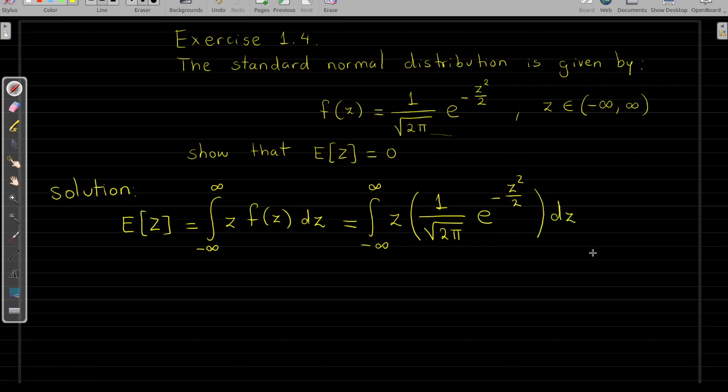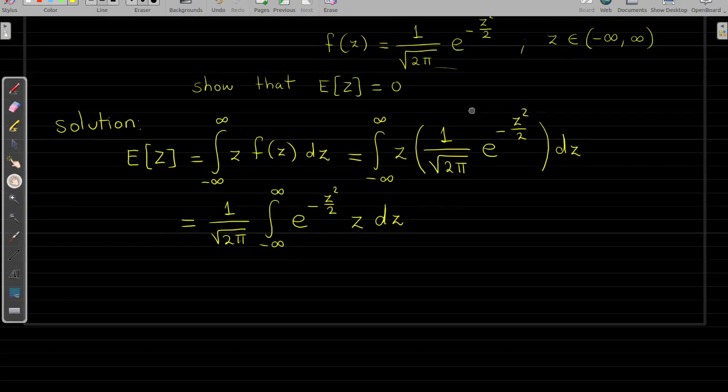Okay. So here I have a constant. Let me take it out for convenience. So this is 1 over square root of 2 pi times integral minus infinity plus infinity. And here I'm also going to transpose these two terms without affecting the original expression. So this is the same as exponential of minus z squared over 2 times z dz.